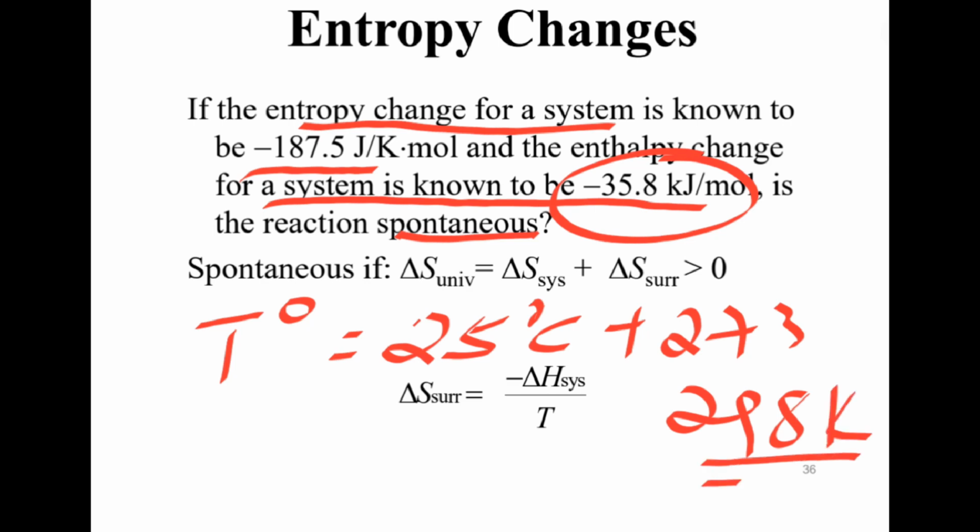Kelvin. We are given two values, one entropy change for a system and the other is enthalpy change for a system. Because we have the enthalpy change of the system, now we can calculate the entropy of the surrounding.